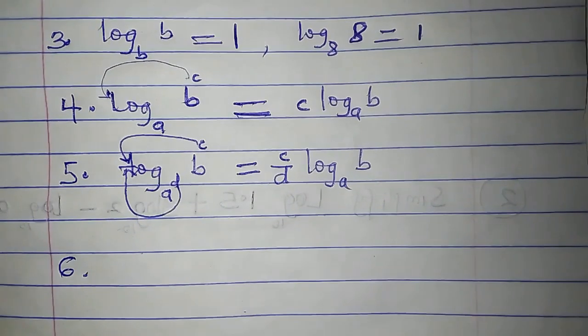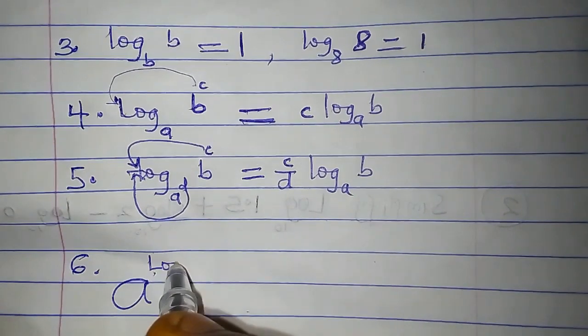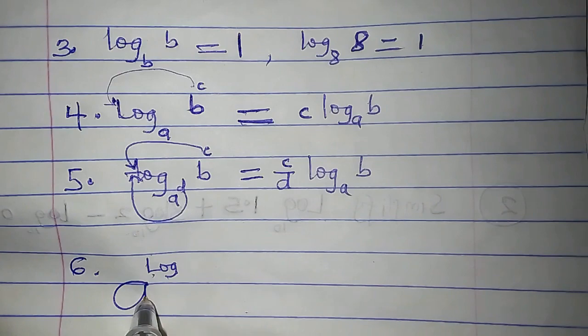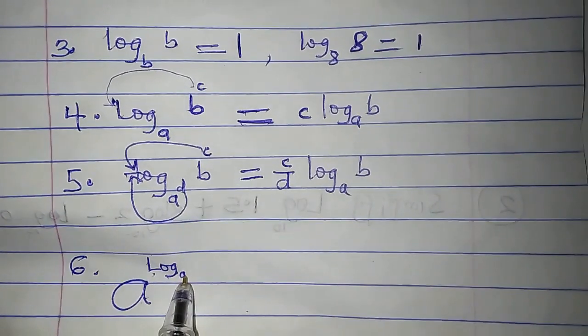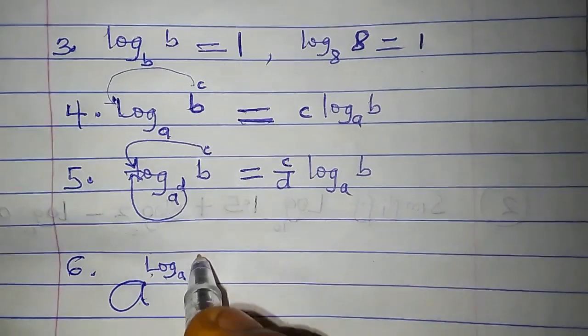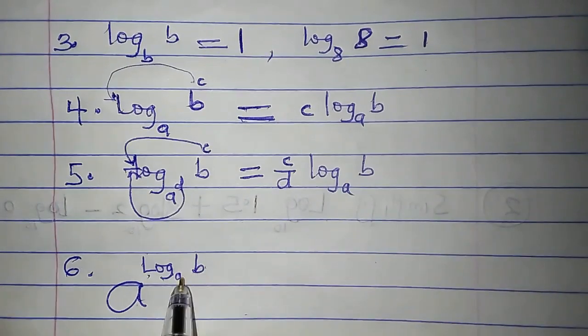Now this is law 6. I have a number a which is raised to a log, and the base of the log is equal to the number, let's say a. That's the number and the base are the same. So let's say this is a to the power of log b base a.